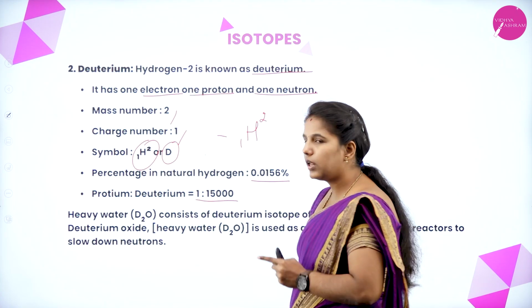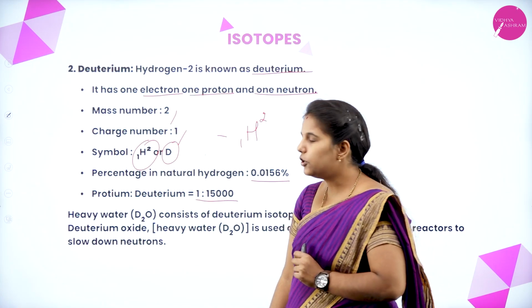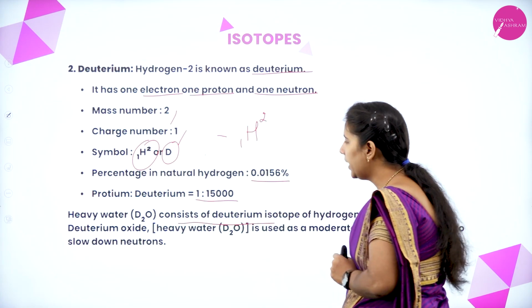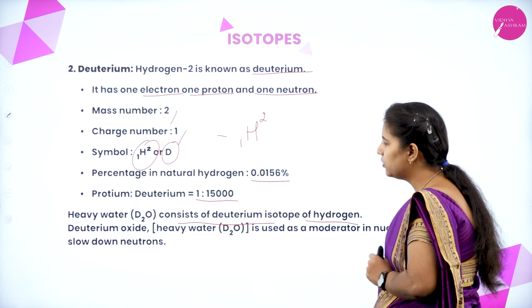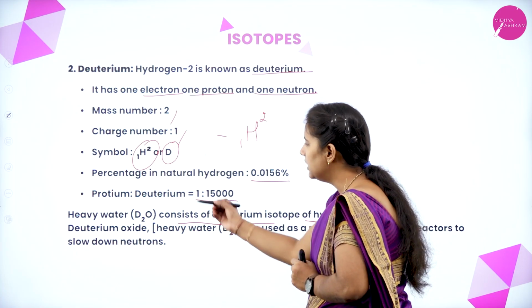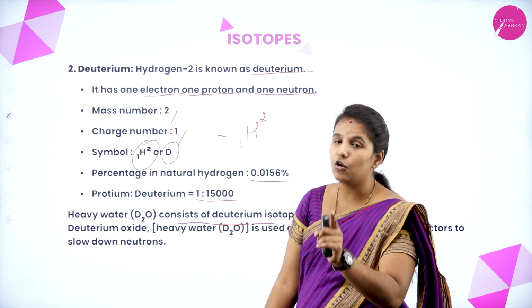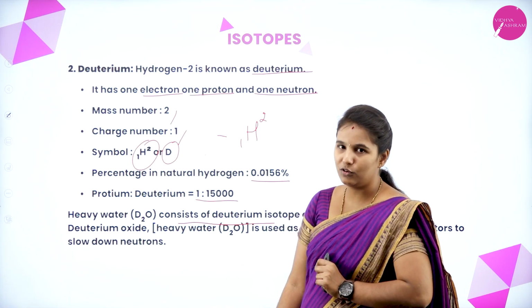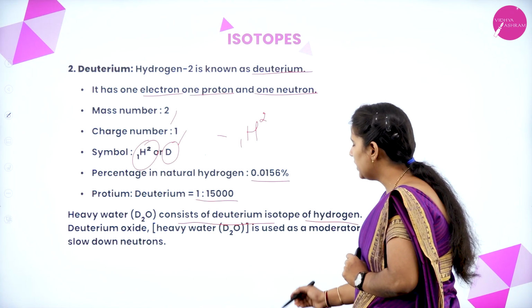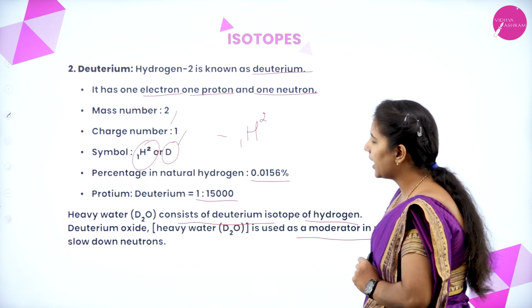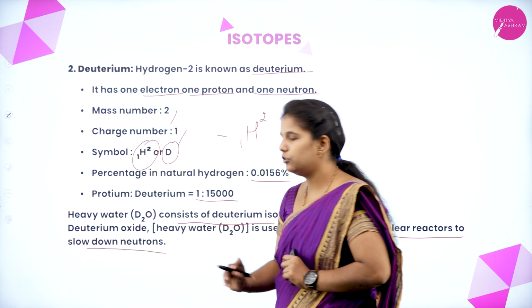You would have heard of heavy water, which is also known as deuterium oxide, and consists of the deuterium isotope of hydrogen. Heavy water is used as a moderator in nuclear reactors to slow down neutrons.